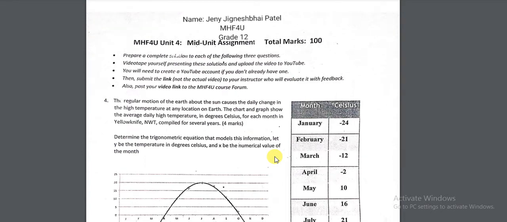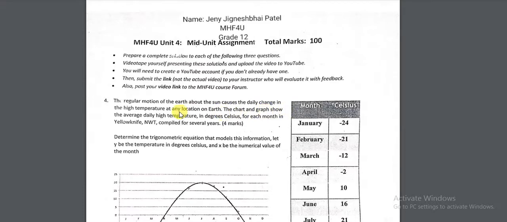Today I will discuss the MHF4U Unit 4 Mid-Unit Assignment. The first question is: the regular motion of the Earth about the Sun causes the daily change in the high temperature at any location on Earth.